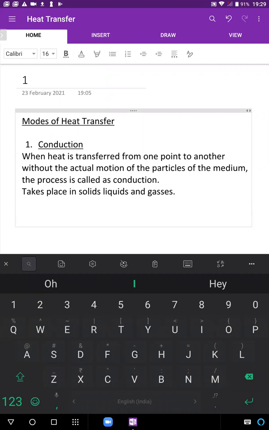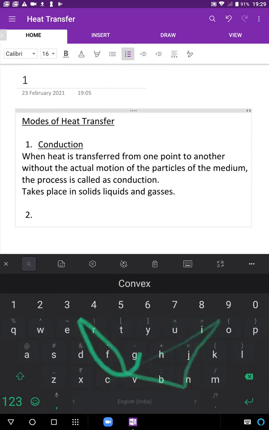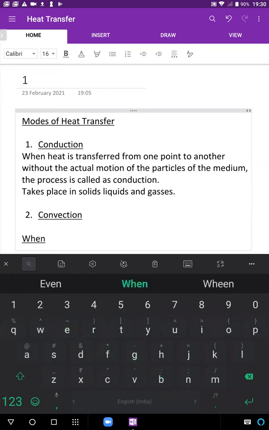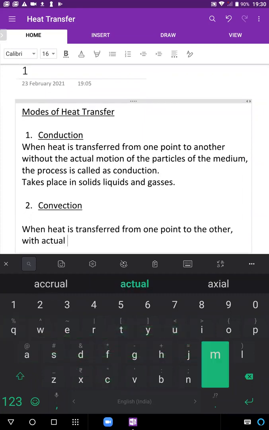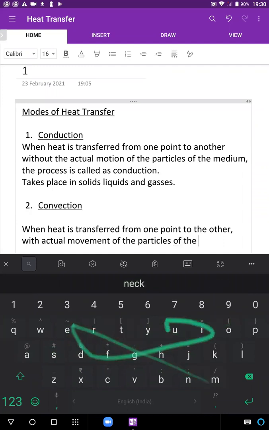All right, so what is convection then? Convection is when heat is transferred from one point to another, with the actual movement of the particles of the medium.